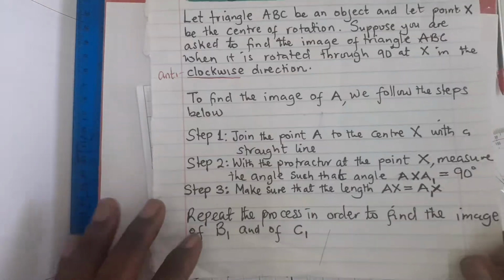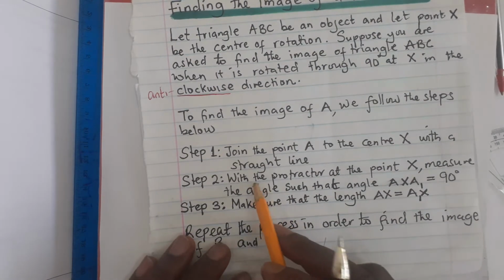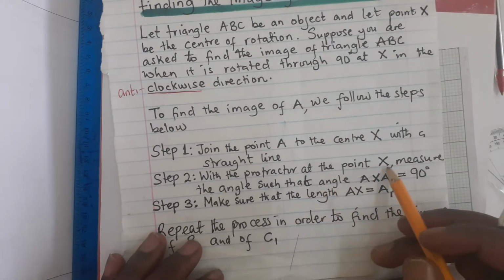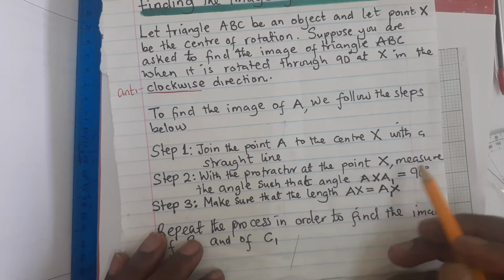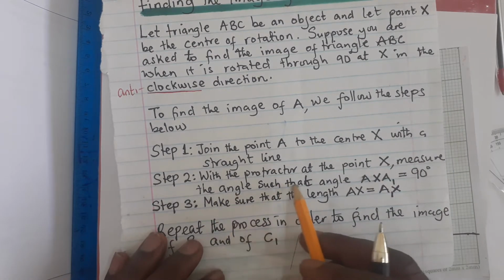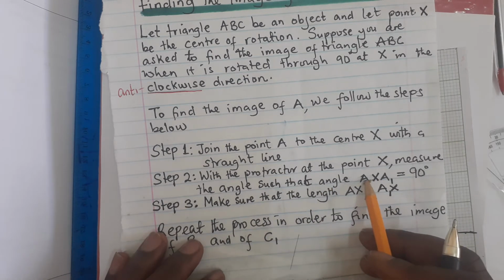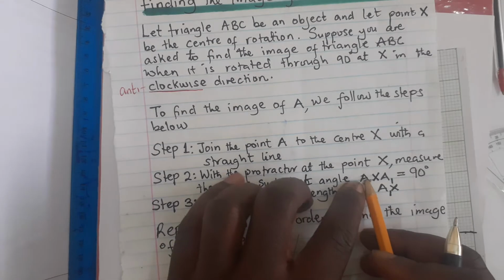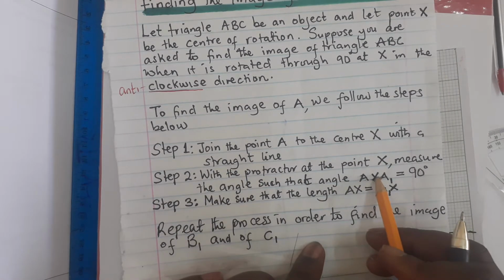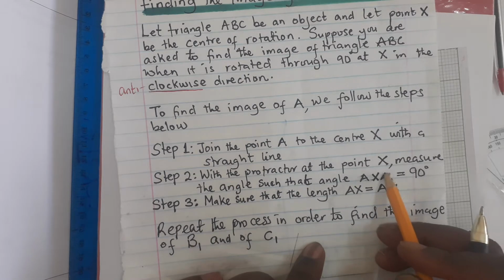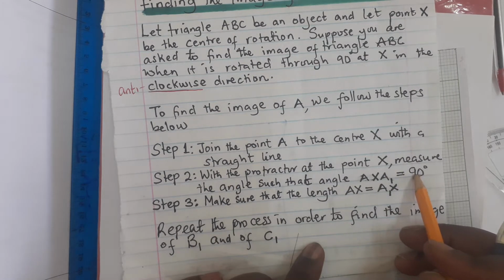Then step 2: with the protractor at point X, measure the angle such that A, which is a point on the object, through the center of rotation and to a point on the image must give us 90 degrees.